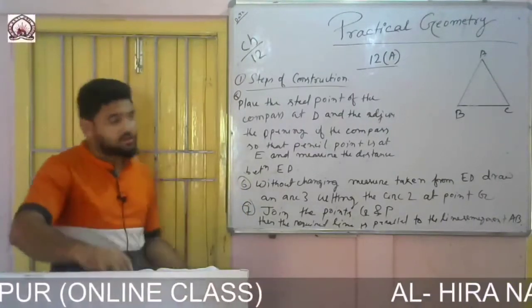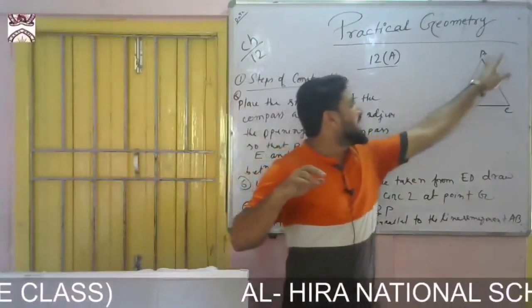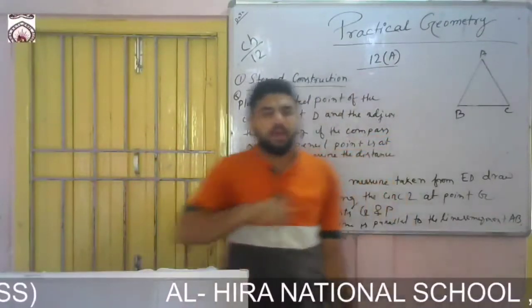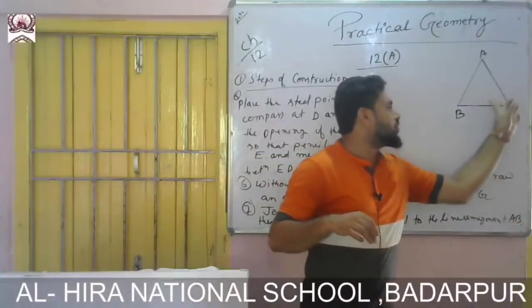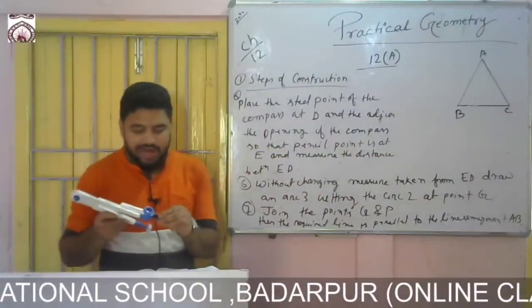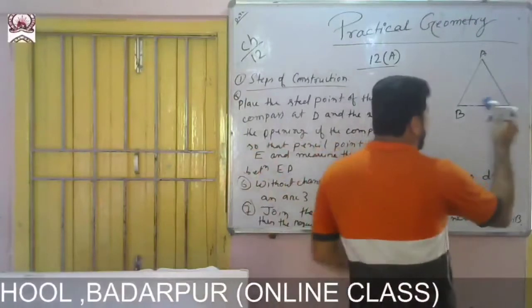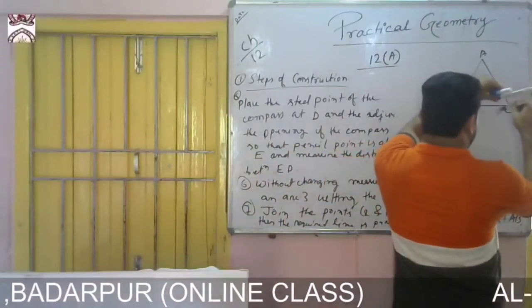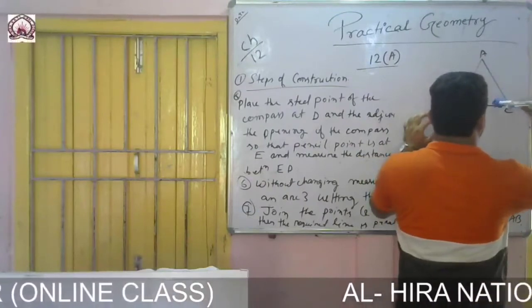Now first of all, from C I shall draw an arc. Draw an arc from C taking any radius.